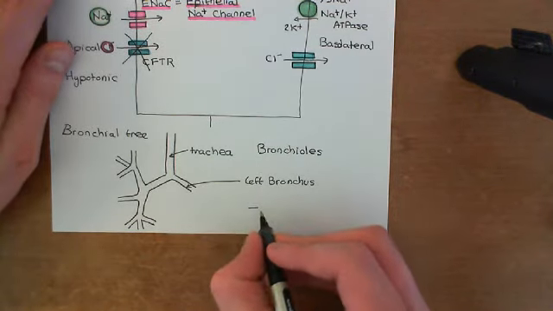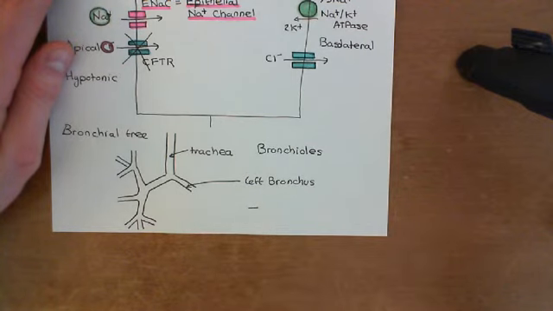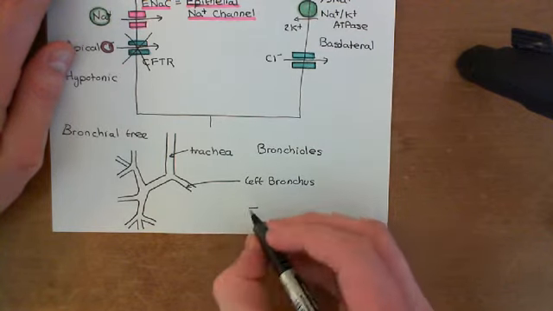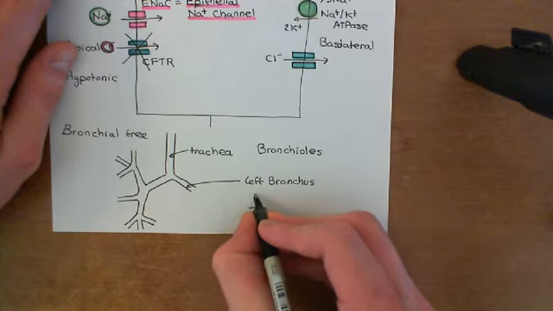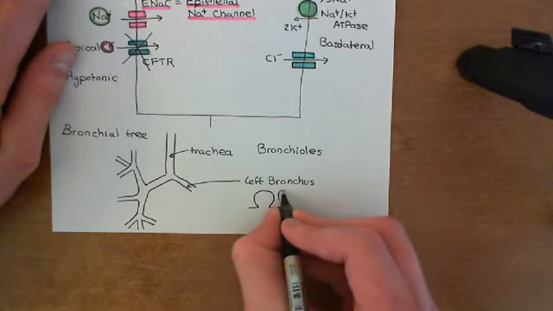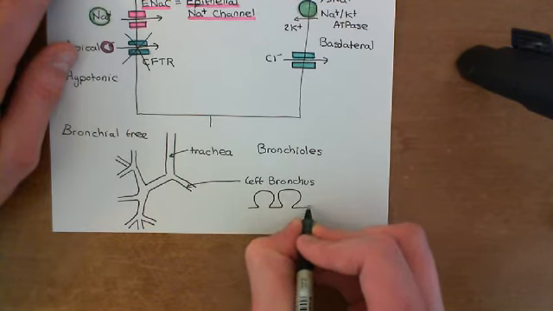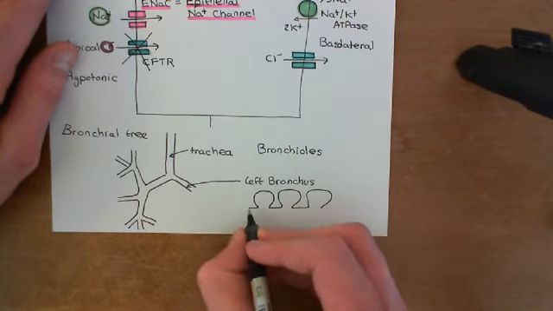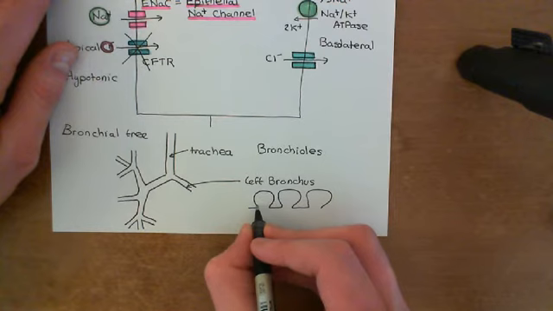So let me show this now. Here is a bronchiole that is so small that it's actually got alveoli coming off it. Here is an alveolus coming off this bronchiole. Here is another alveolus. Here is another one. These will obviously have cells lining them, but they'll be very, very thin cells.